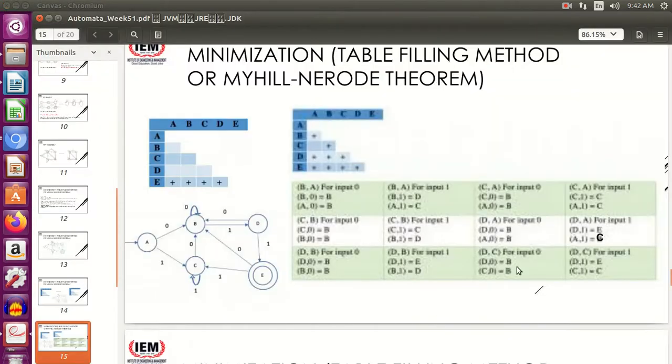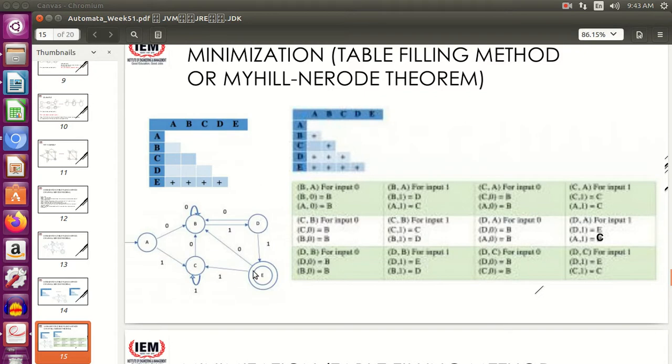So how to do the checking for CD? For the pair CD, for input alphabet 1, where do we go? D on getting a 1 goes to E. C on getting a 1 goes to C, right? Again, you have to check the same thing for input 0.